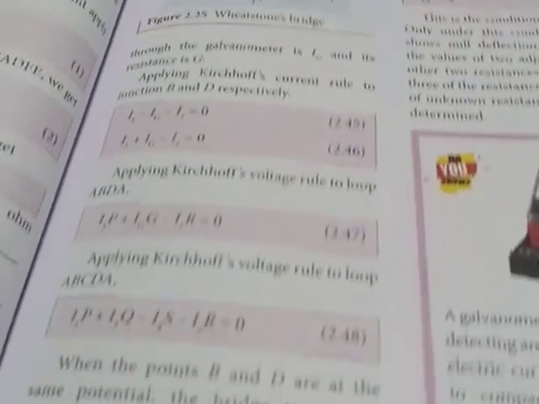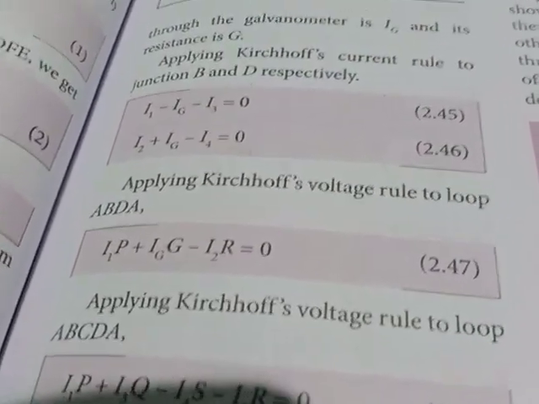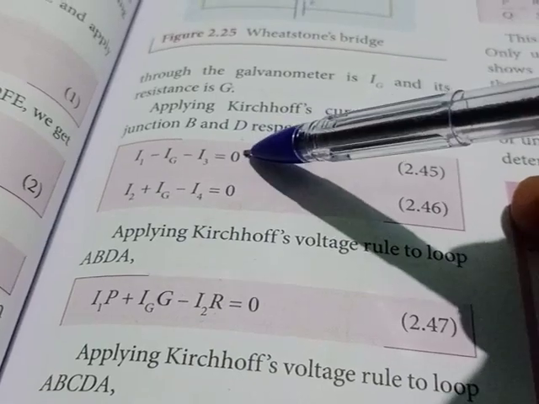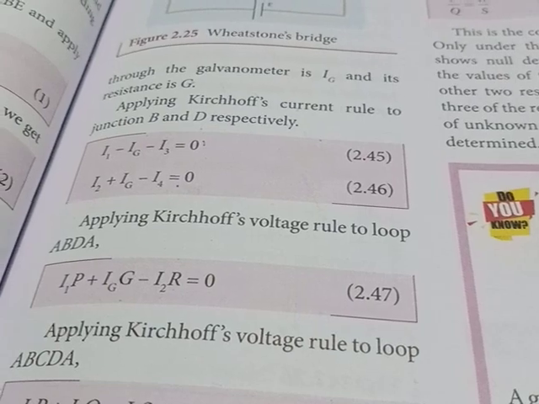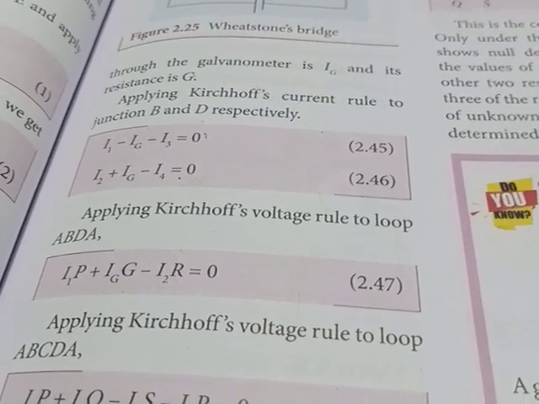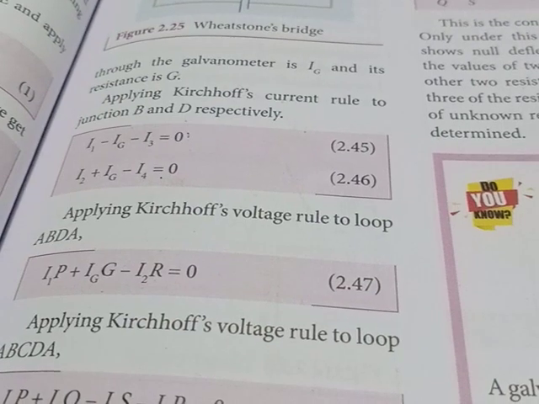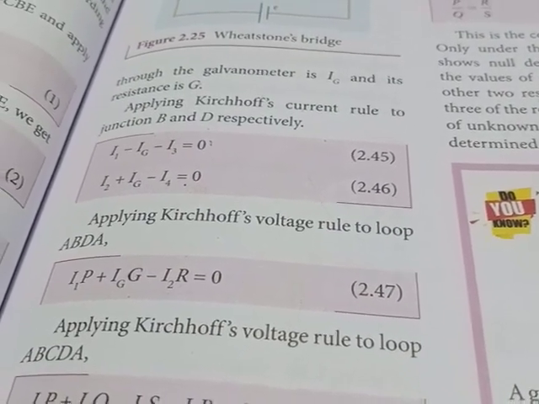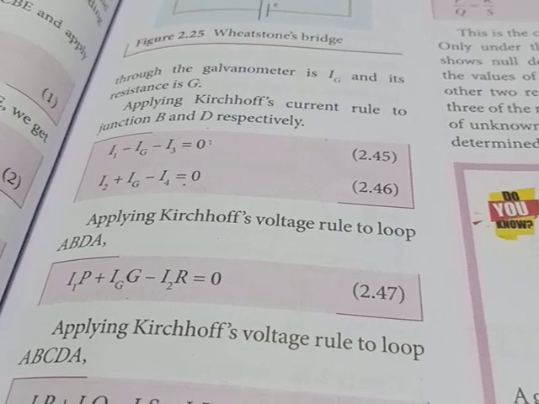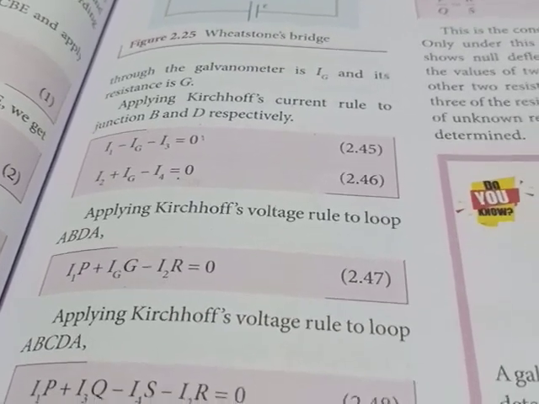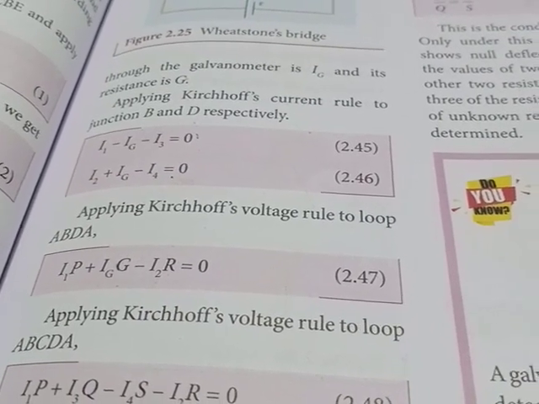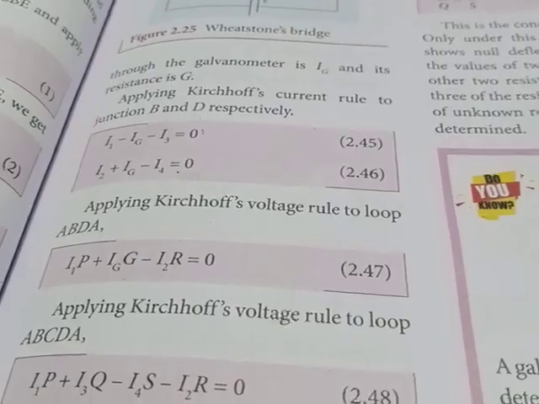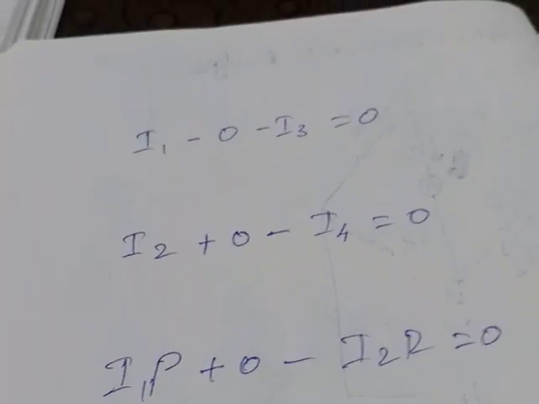So again you listen. I am applying Ig equal to 0 in equations 1, 2, 3. So what will come? I1 minus 0 minus I3 equal to 0. I2 plus 0 minus I4 equal to 0. Then I1P plus 0 minus I2R equal to 0. So these are 3 equations.